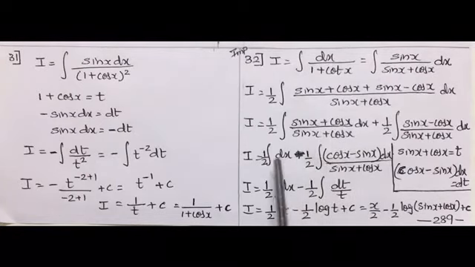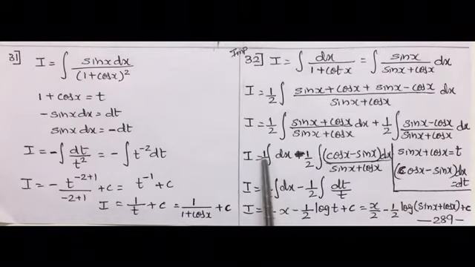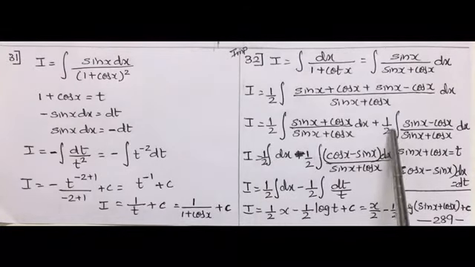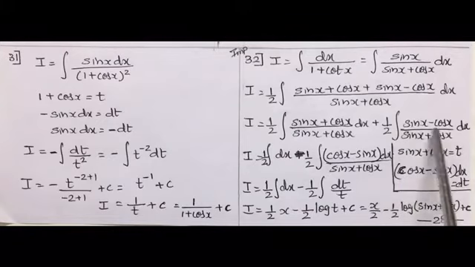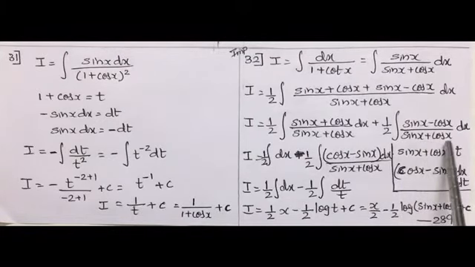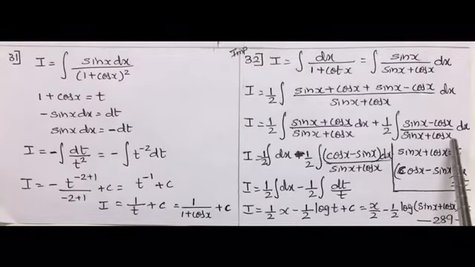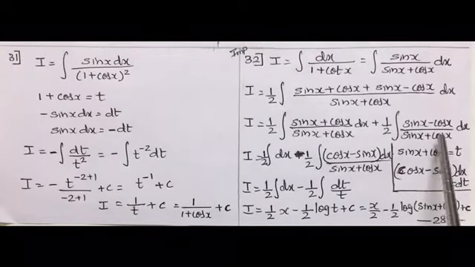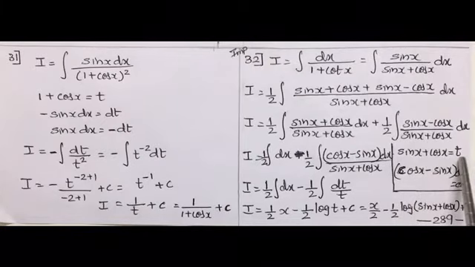Both get cancelled, only one remains and half is outside. Plus half integration sin x minus cos x upon sin x plus cos x dx. This cannot be integrated directly, so whatever is written down is being taken as t. So we have assumed sin x plus cos x is equal to t.